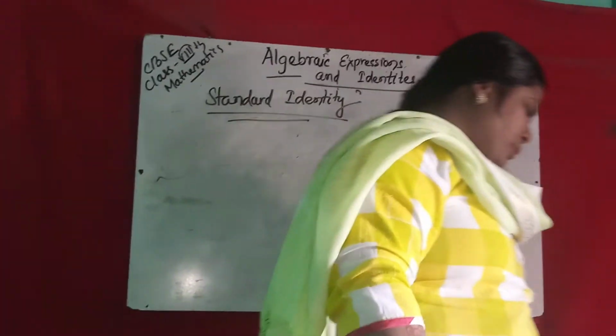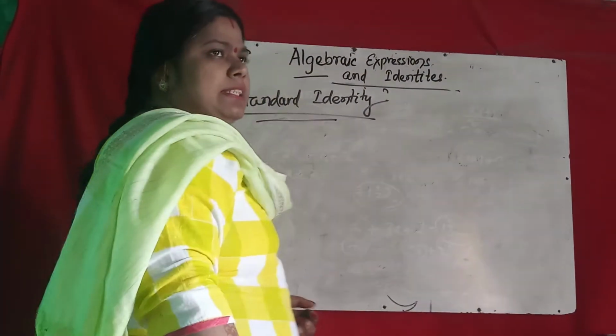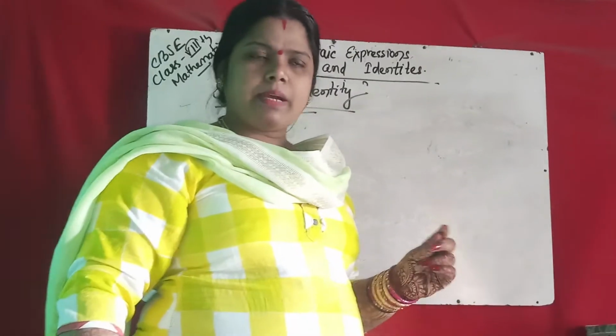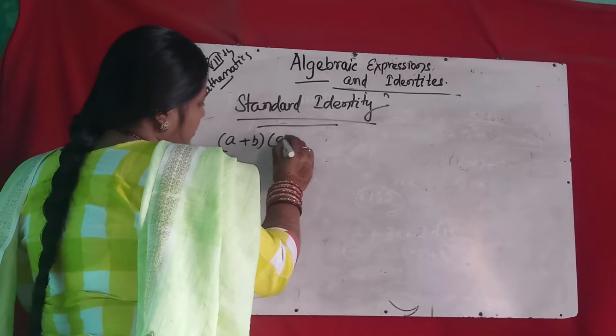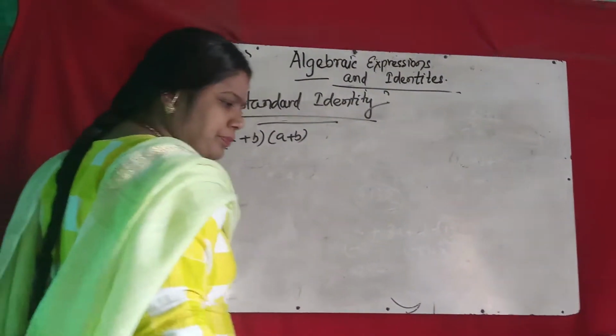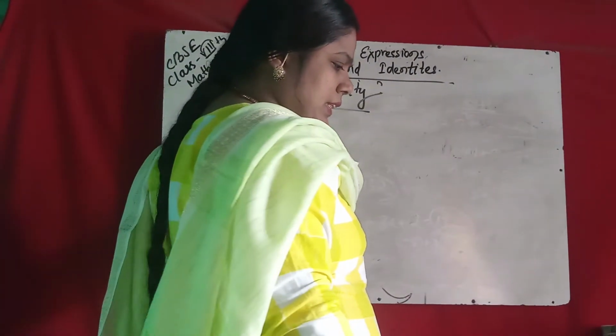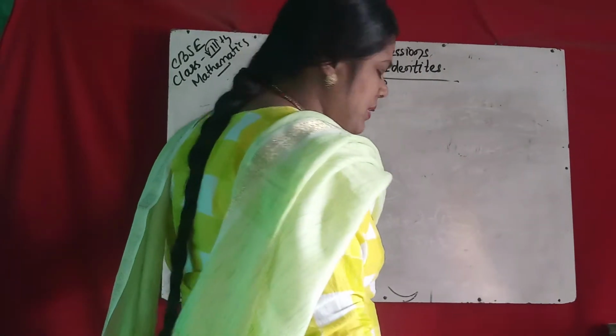There are 3 or 4 standard identities. Suppose we can get an identity by multiplying binomial with binomial. Suppose (A plus B) into (A plus B). Okay, we multiply here (A plus B) into (A plus B).